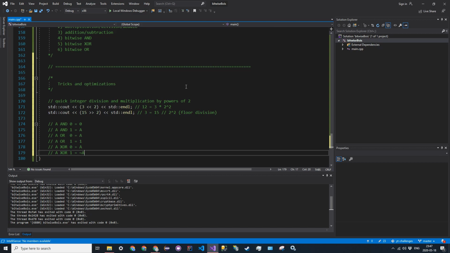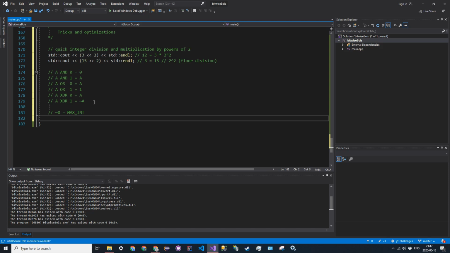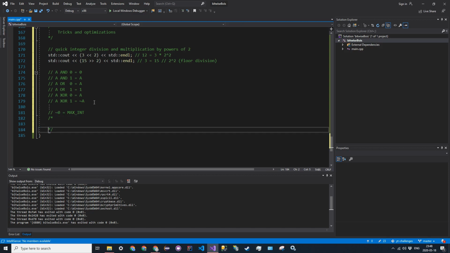And a cool little thing that you can do with the complements is, if you take the complement of 0, you just get the maximum integer. So it's equal to max int. I mean, think about it. If you have, let's see, one integer is 32 bits, or yeah, 4 bytes, 32 bits. So that's equal to 0, integer 0.